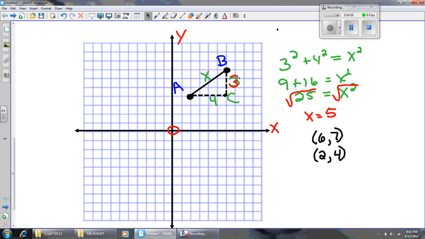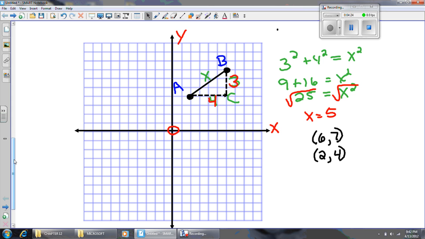Yeah. And if I subtract the x values from each other, 6 minus 2, I get 4, which not coincidentally was the distance from A to C, or the distance of the right triangle in the x direction. So you see this, just the Pythagorean theorem.